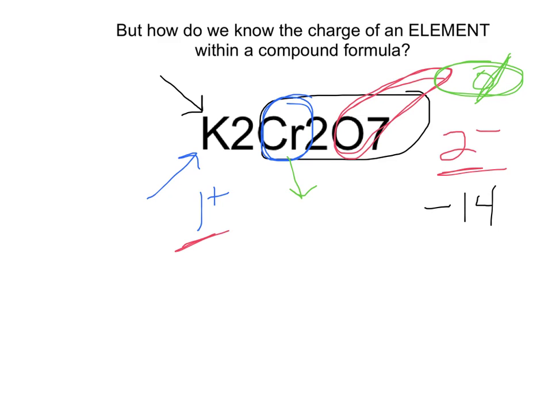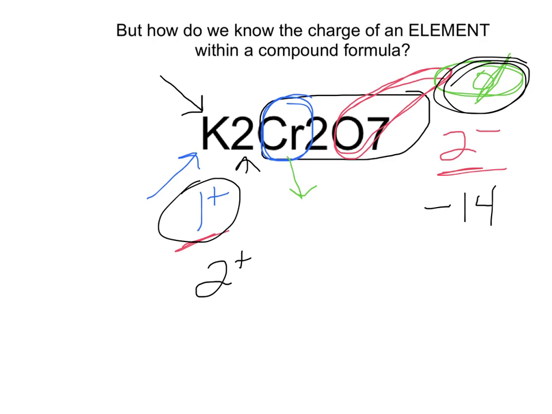On my potassiums, each potassium has a 1+ charge, and I have 2 of them, so that's going to be a 2+ charge. Since I know that I have to get to 0, I would take that -14, and then I have 2+. If I add those together, I have a -12.